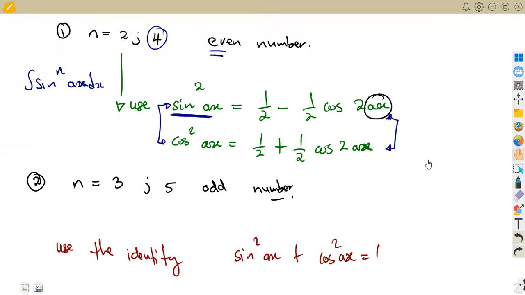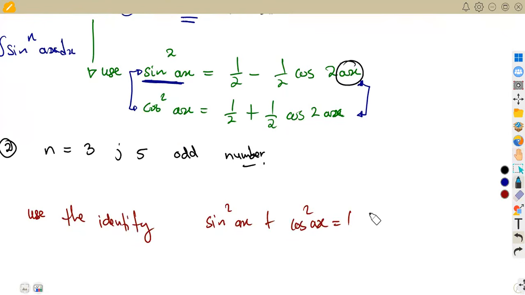If we make sine squared the subject of the formula, it follows that sine squared ax is going to be equal to 1 minus cos squared ax. If it is cos squared that you want to make the subject, it means cos squared ax is going to be 1 minus sine squared ax.